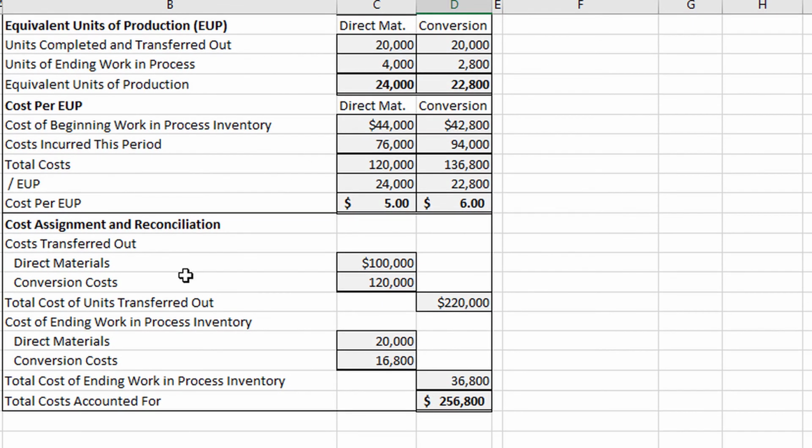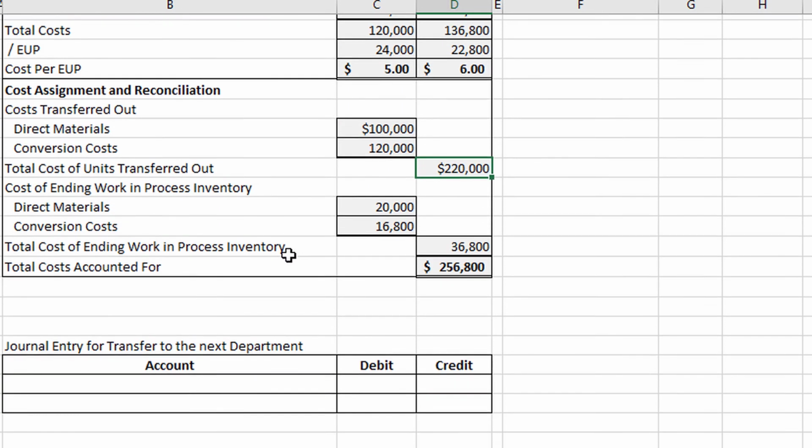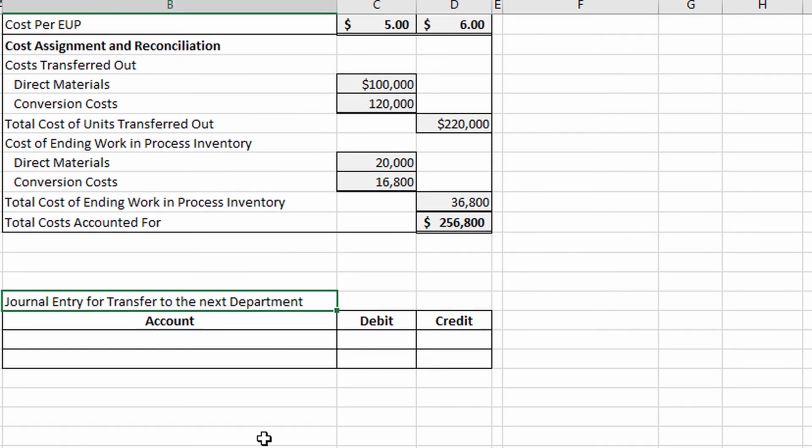Now there's just one more thing that I want to do, and I want to talk about this total cost of units transferred out, which is $220,000. Now remember, this report was for the juice extraction department, or department number 1. And now we're going to be transferring these units and costs to the next department, let's say the packaging department. And there's going to be an associated journal entry with that transfer. So if we go down here, we have some journal paper, and this is the journal entry for the transfer to the next department.